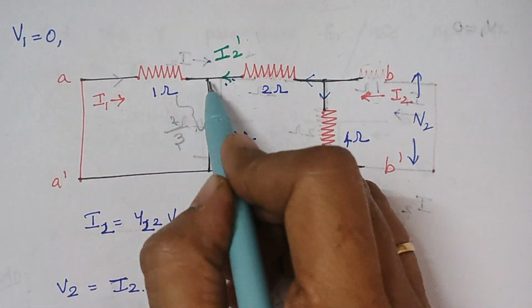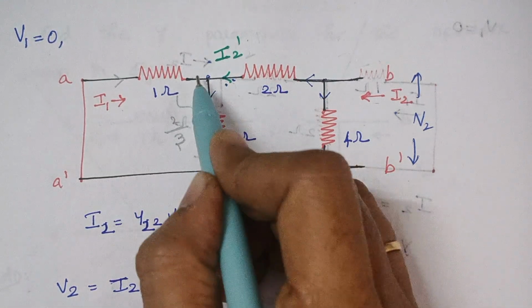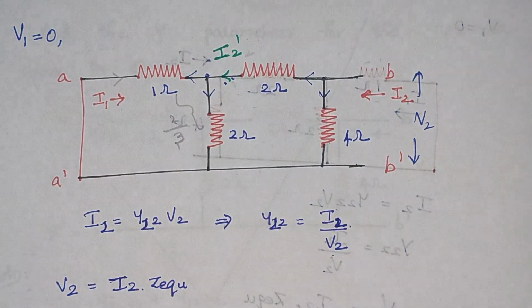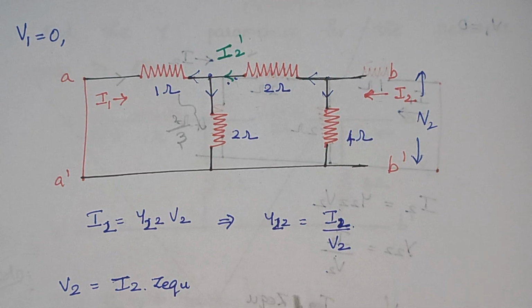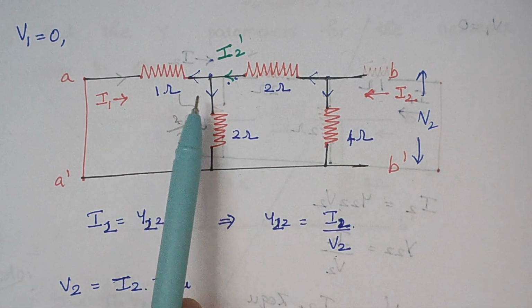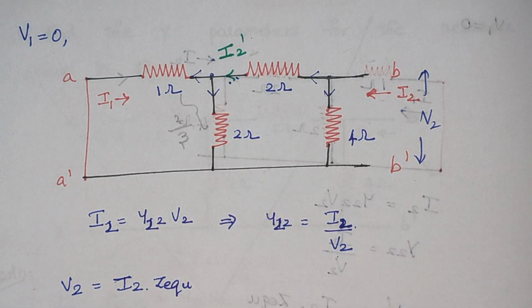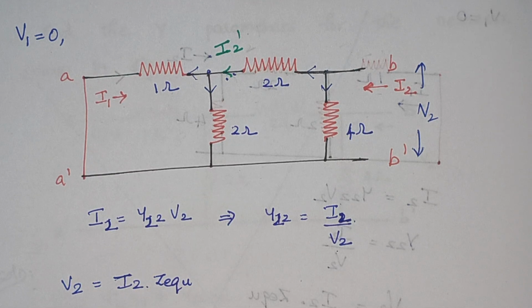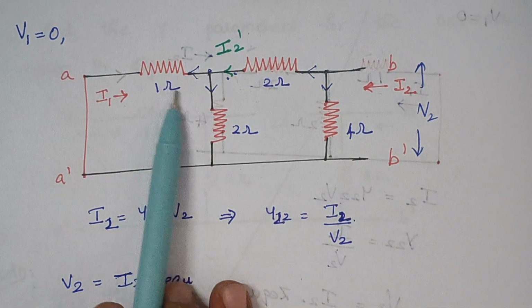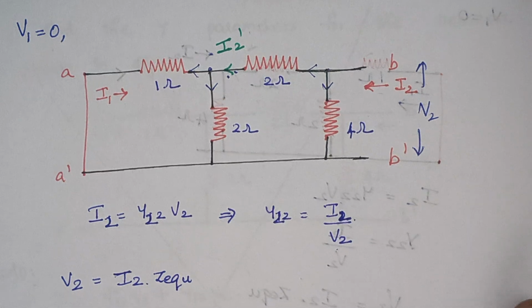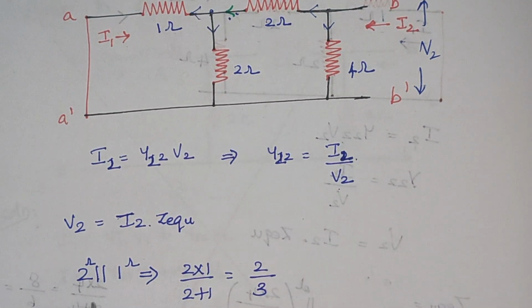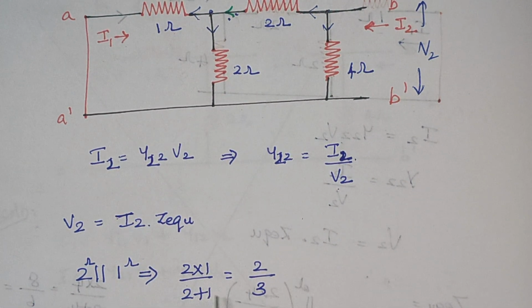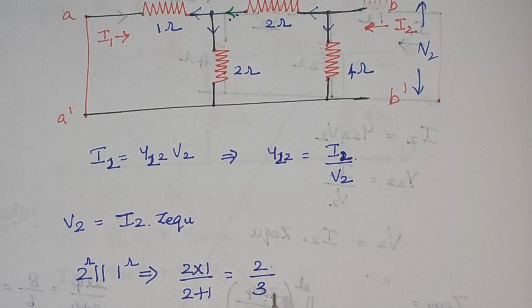And again when it reaches this node, it gets divided into 2. When the current divides, this means that these two resistors are connected in parallel. So here 2 ohm is in parallel with 1 ohm. When you solve, we get the answer 2 by 3.